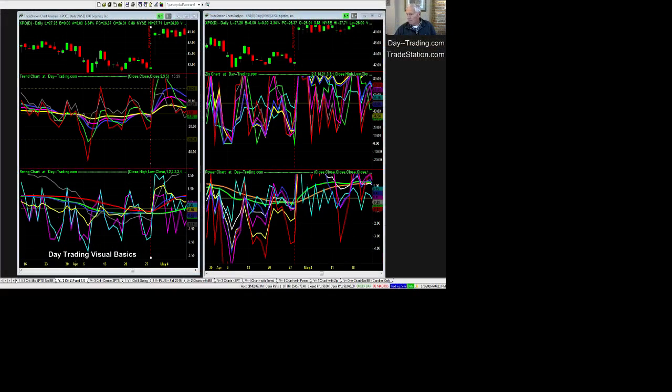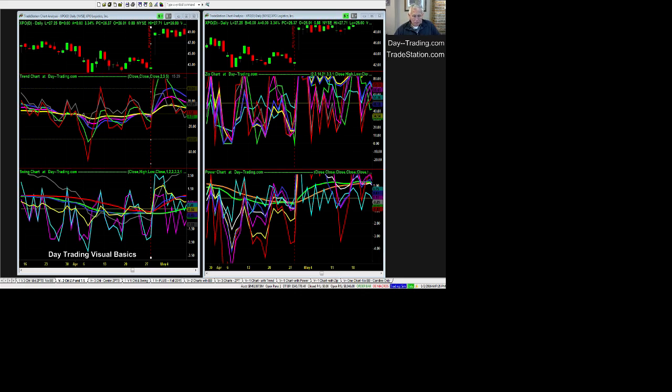But we're going to be in XPO, and we are in April of 2015. And I am going to switch us over to the charts, and the vertical red lines indicate where we're at.